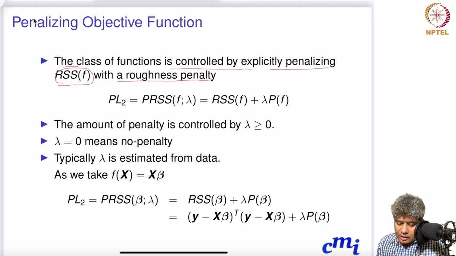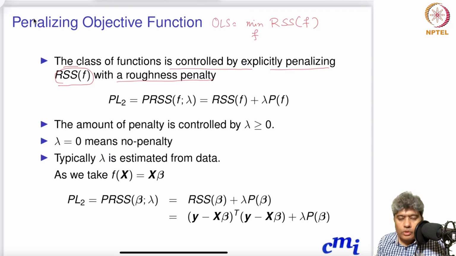What is it? Typically, how OLS works, OLS tries to minimize the residual sum of squares of the target function. That's how OLS works.